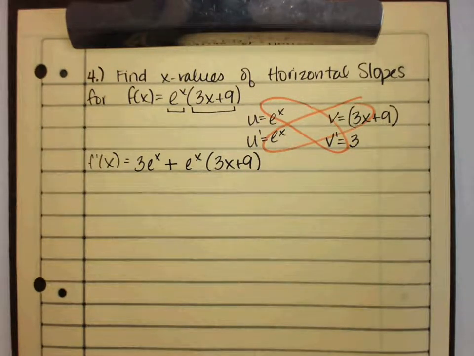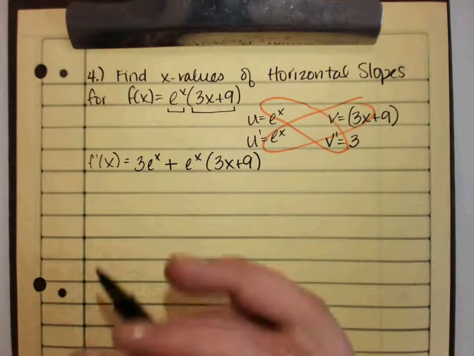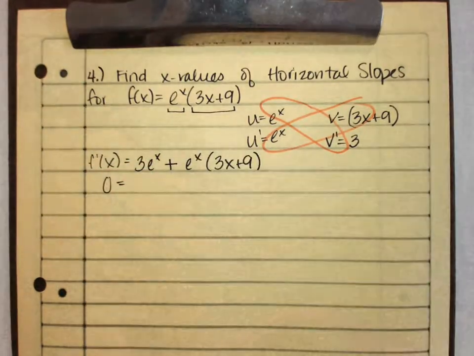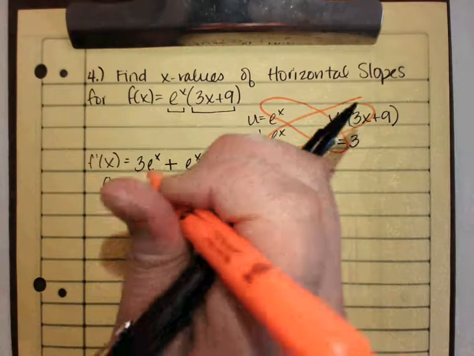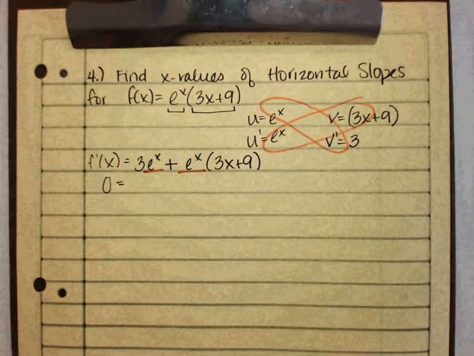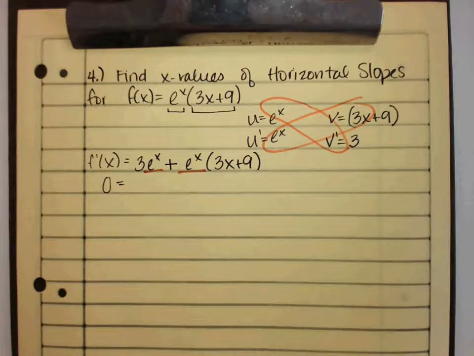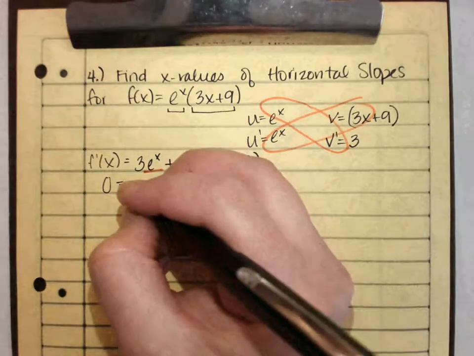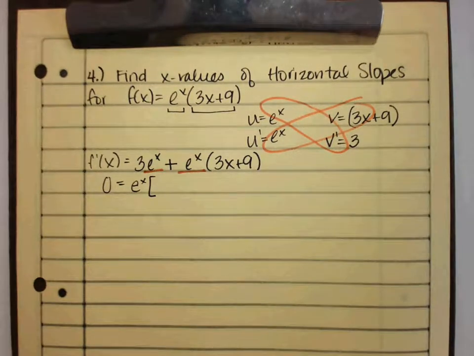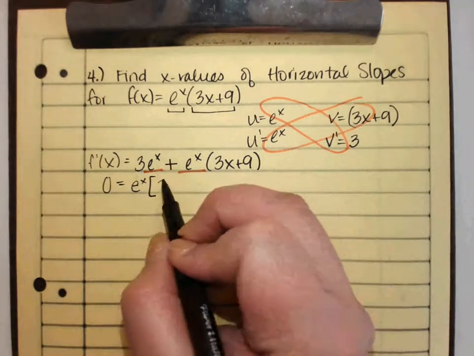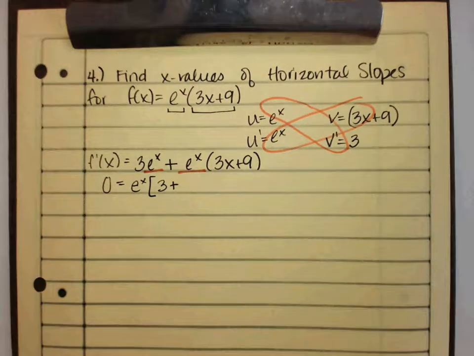From there, what are we setting it equal to? 0. And we're going to solve by factoring. What do both of those have in common that I can GCF out? 3. Okay, you're right, but let's wait on the 3. Let's pull the e out first. So my e to the x is going to come out. What is left over from the 3e to the x? 3 plus, what's left over from the second one?